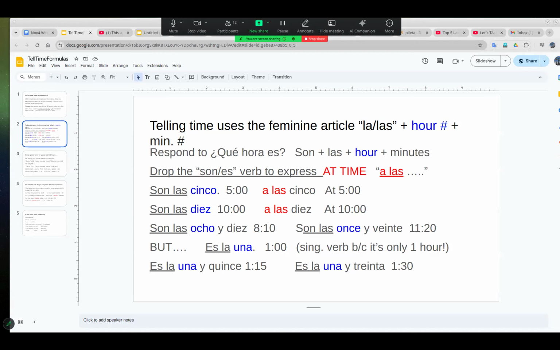And the las is a reference to the hour. So a las is what we use in Spanish to tell at what time something happens. And the las is a nod to the word horas, because most of our hours are plural. The only hour that is singular is la una, 1 o'clock, right? But the word for hour, la hora, is a feminine word. And that's why it has to be a la for the 1 o'clock hour. But anything that's not a 1 o'clock hour is going to be plural, a las, with a time.